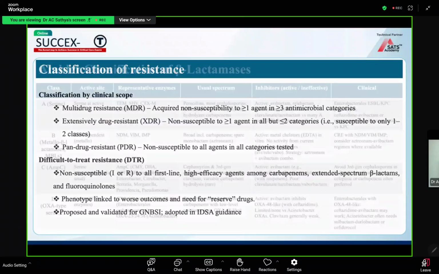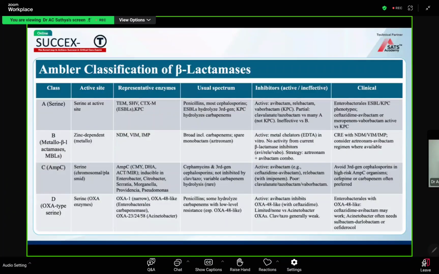You can go through them time and again. Another important concept in understanding GNB resistance is Ambler's classification of beta-lactamases, which is A, B, C, and D. For you to remember, A is TEM, SHV. The most important enzymes in group A are CTX-M and KPC. CTX-M is associated with ESBLs.